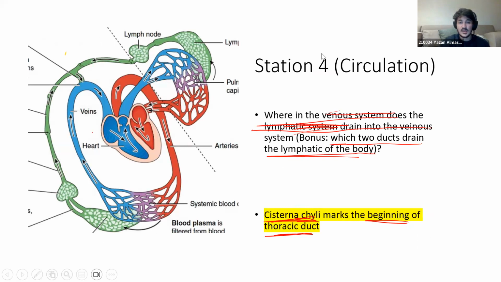Is there anything not clear about the circulatory system that I can explain? I have your lab folder. I can explain certain things if you guys have them unclear. Is everything clear? Is it not clear? Do we have mixed answers?